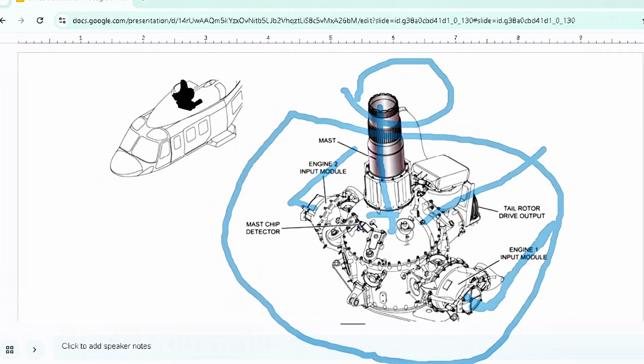Okay, this is the main or the first reduction gearbox, which receives the power from the engine, reduces it, and then sends it in all directions.